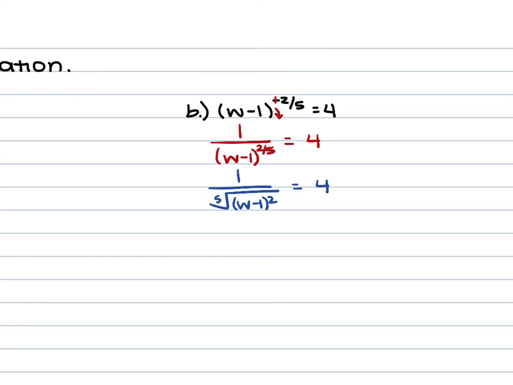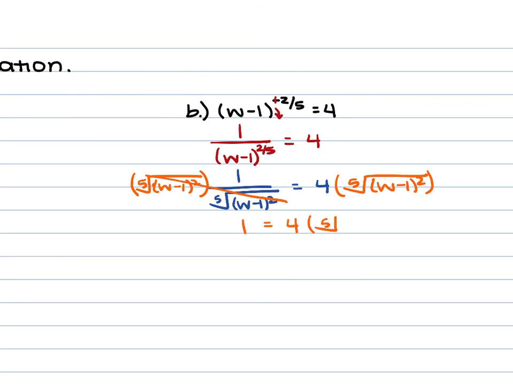From here, I don't want that radical in the denominator of our fraction, so I'm going to multiply each side by that 5th root of (w - 1) squared in order to cancel it out on that left side. So this is going to leave us with 1 is equal to 4 times the 5th root of (w - 1) squared.